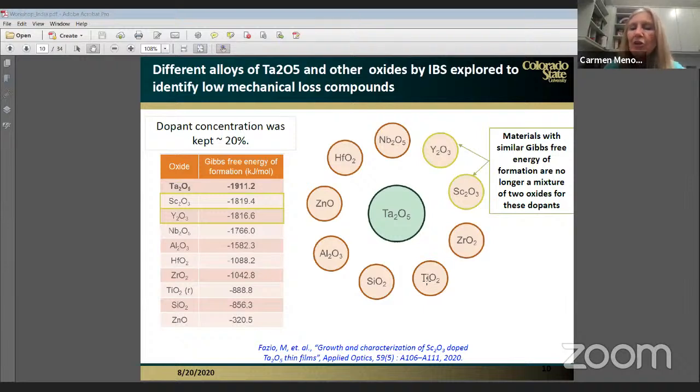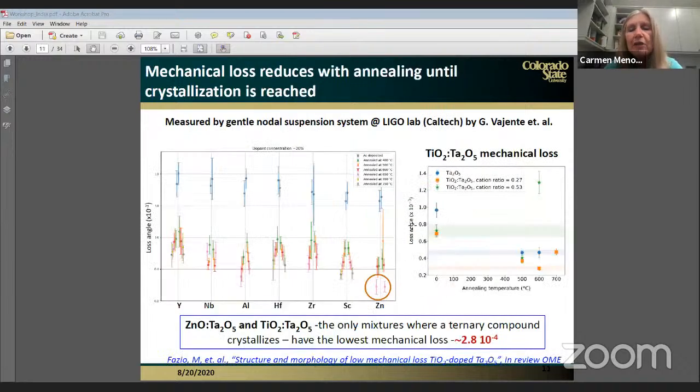And what we have learned, as I am going to show you, is that there is a specific structural configuration that leads to lower mechanical loss. So here, what I showed are results of mechanical loss. We don't measure mechanical loss.